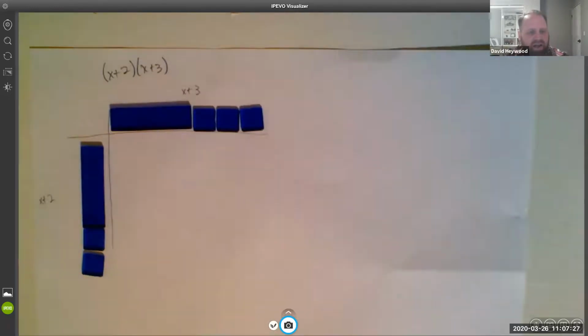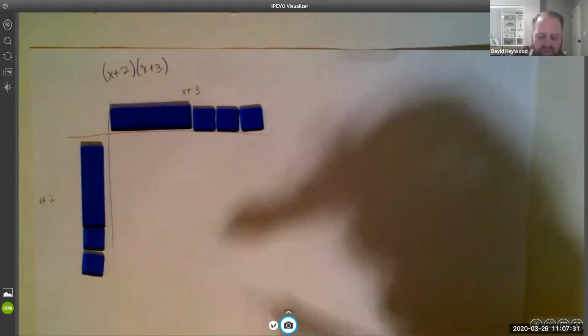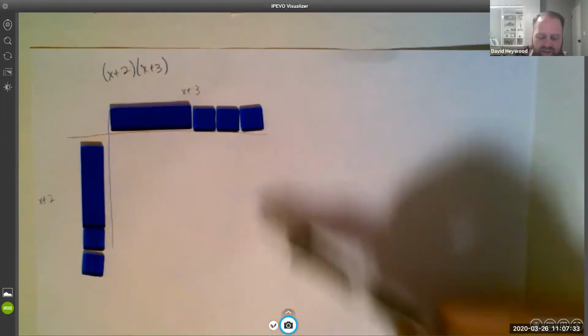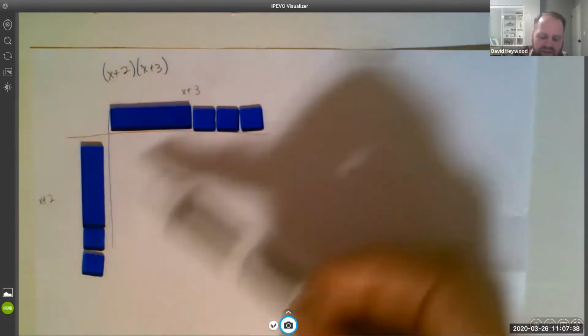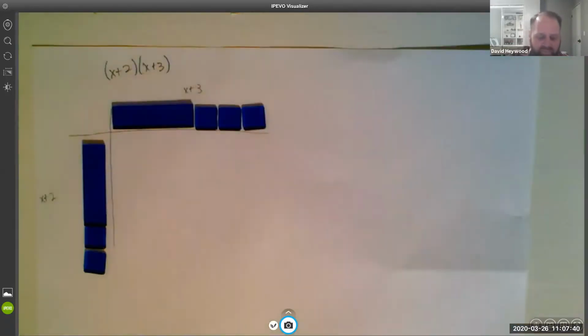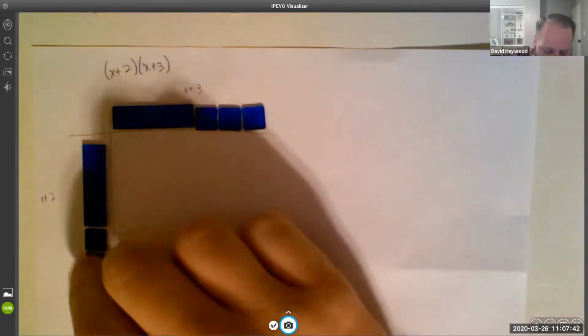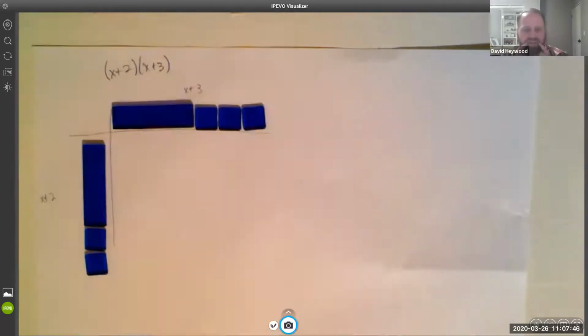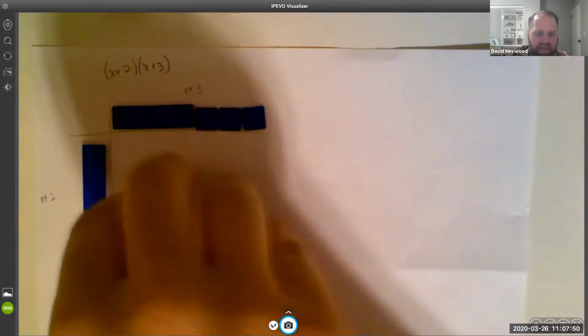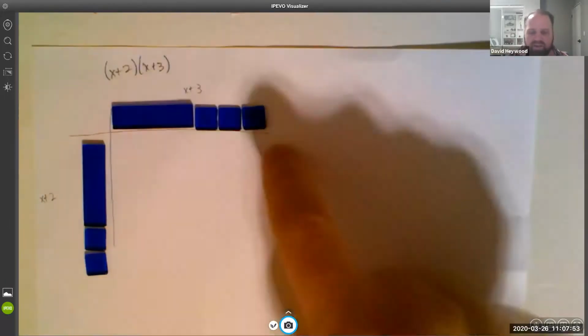Now, the answer to that multiplication problem is the area that results when you fill in this square, or, well, it's not a square, but when you fill in this rectangle. And so what I want you to do is pause the video, okay, use your algebra tiles, and see if you can figure out what's supposed to fit in here in order to make a rectangle.